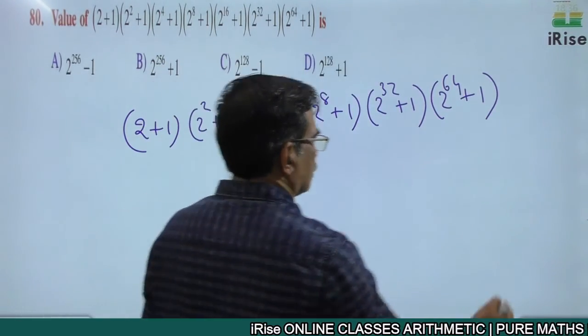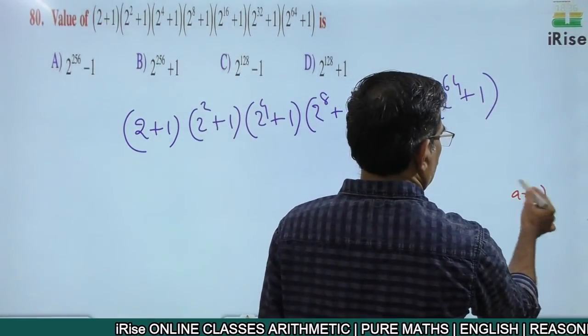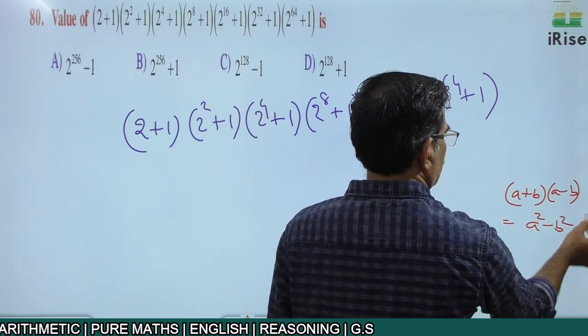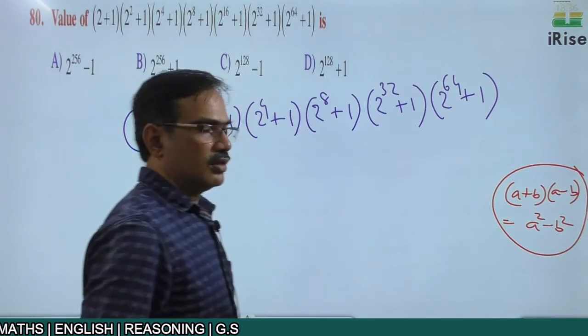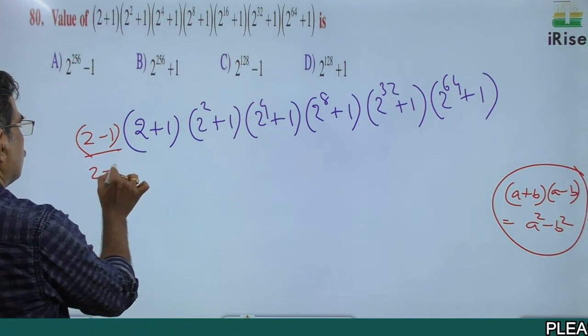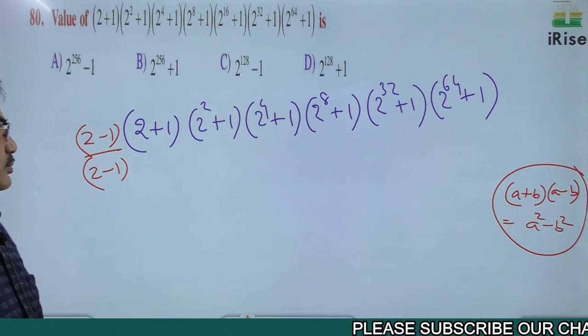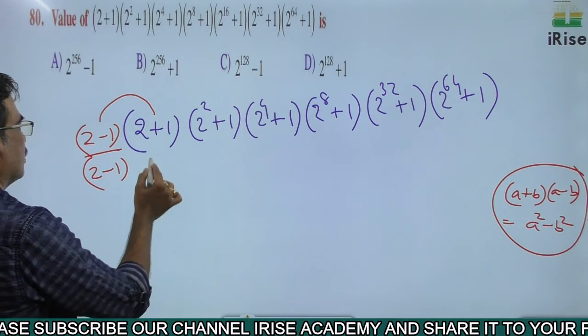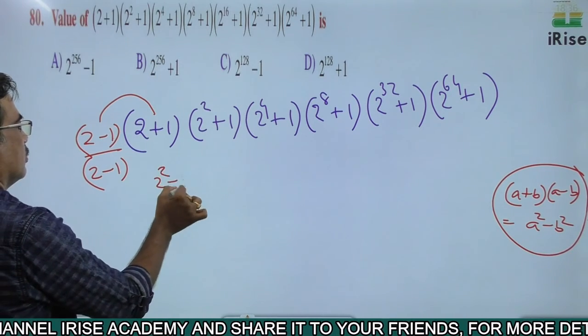What is a plus b into a minus b? This is nothing but a square minus b square. Use this formula. I just want to multiply it by 2 minus 1 and divide by 2 minus 1. Then 2 minus 1 into 2 plus 1 is nothing but 2 square minus 1.